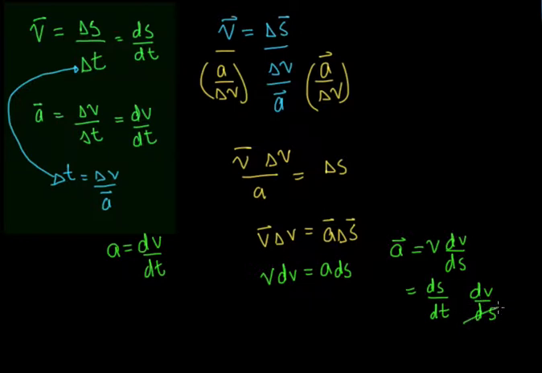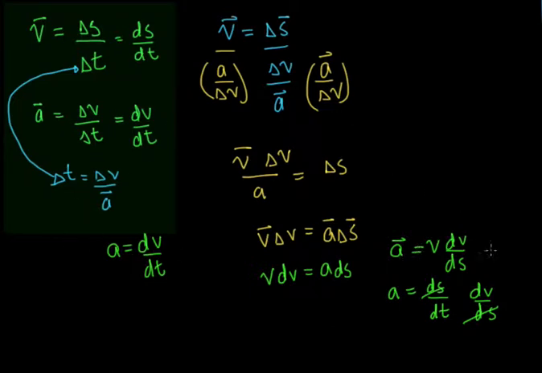If we look at that, this cancels out, that cancels out. We're really just saying a equals dv over dt. From a fraction point of view, this is legit. dv over dt is legit, but because we say ds over dt, which is velocity, times dv over ds, now the t is hidden in there and we don't actually need to be given information about t.